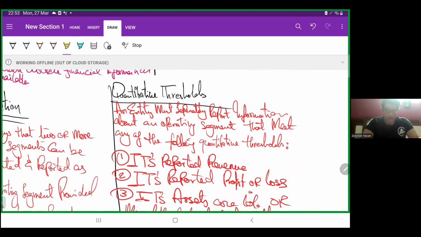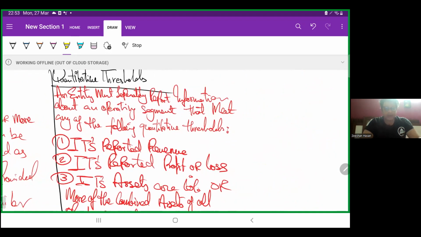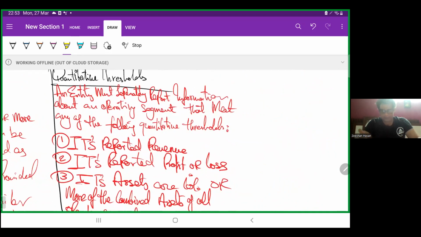Number four, distribution methods. Now, what are the quantitative thresholds for segmental reporting? An entity must separately report information about an operating segment that meets any of the following quantitative thresholds.